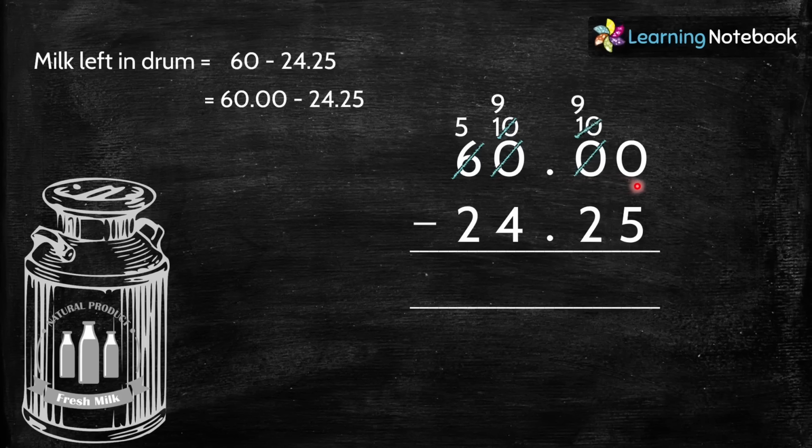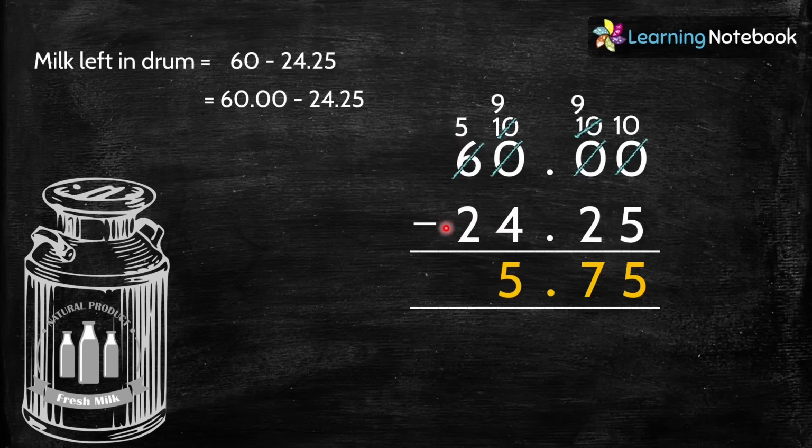And finally this 0 becomes 10. So 10 minus 5 equals 5. 9 minus 2 equals 7. Put a decimal point. Then subtract the whole number part. 9 minus 4 equals 5.